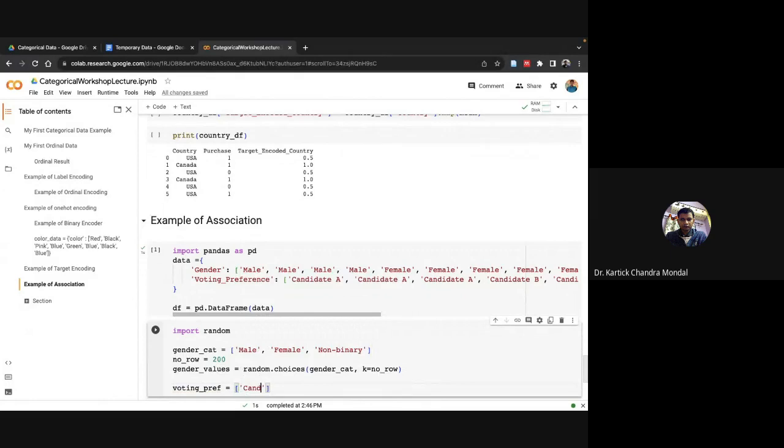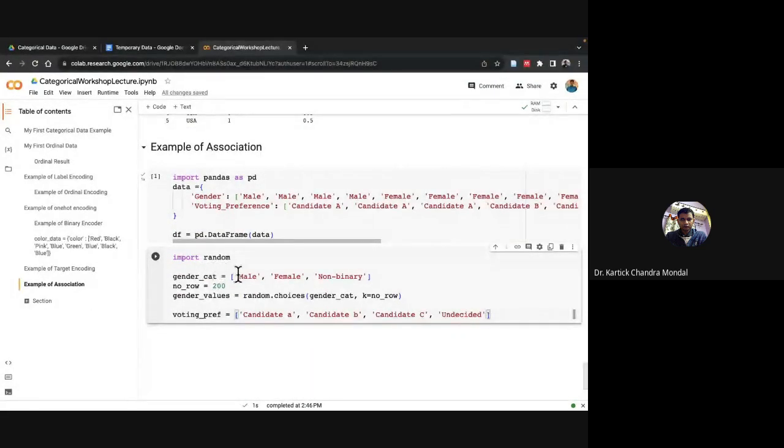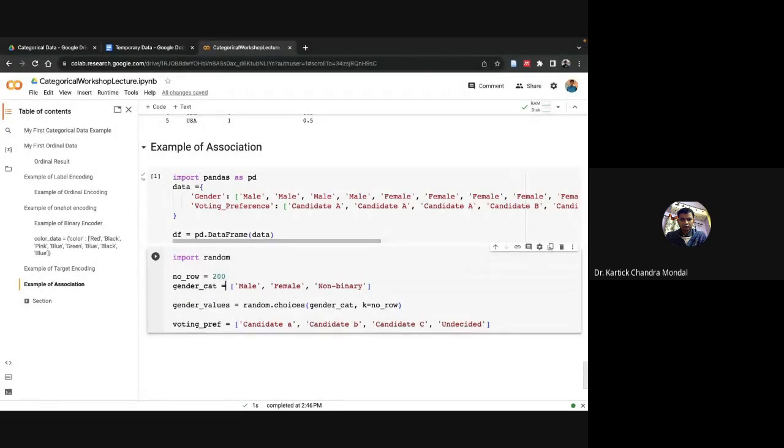Say candidate A, candidate B, candidate C, and then undecided. So these are the categories, like the gender category, and the number of rows is already defined.